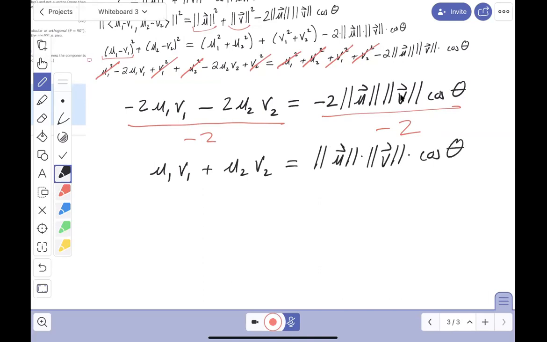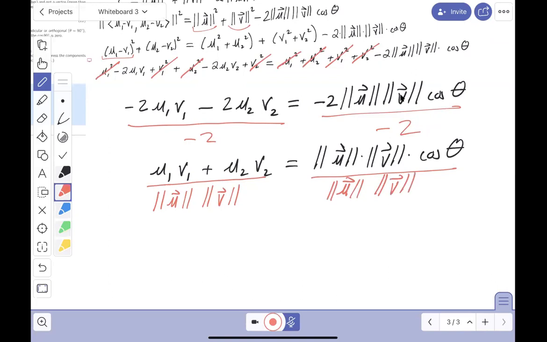All right, let's keep going. Now what I'm going to do is I'm going to divide both sides by the length of u and the length of v. Now, of course, these vectors have to be non-zero at this point. Otherwise, I couldn't divide through.